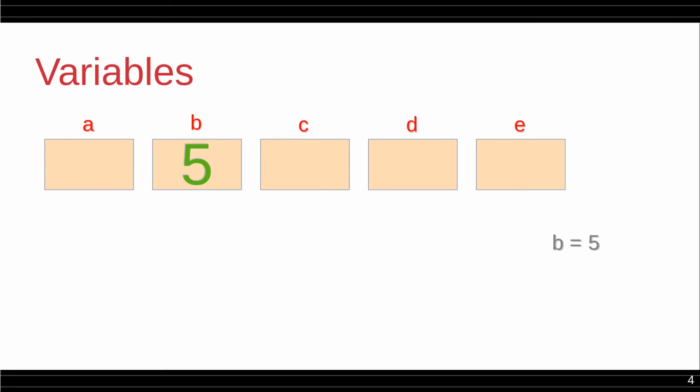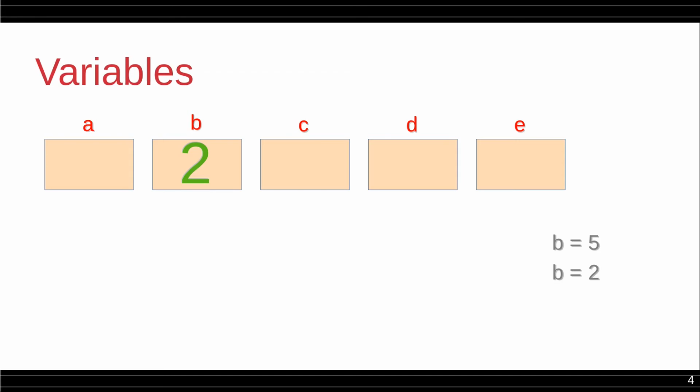Now let's assume we're not happy with that and want to put the number 2 in variable B. Same thing. By saying B equals 2, we're doing just that. Note that the 5 that was in there disappears into thin air. It's not there anymore. It is, as we call it, overwritten by the number 2 and vanishes completely and irretrievably.